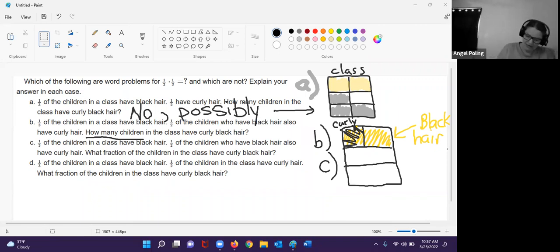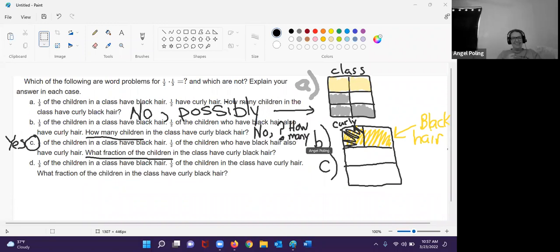But this time around, they're asking us what fraction of the children in the class have curly black hair. This one's finally a yes. So here we have a no because we don't know how many. 2? I don't know. Right? Okay. And in C, we have a yes because our beginning quantity was 1/3.